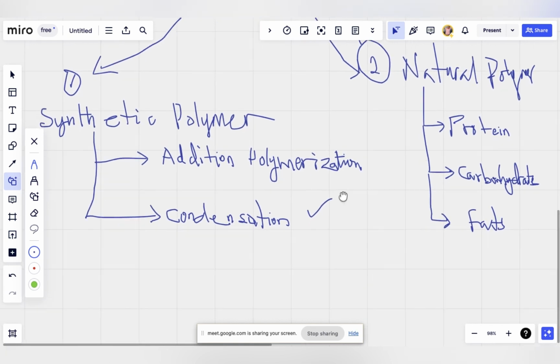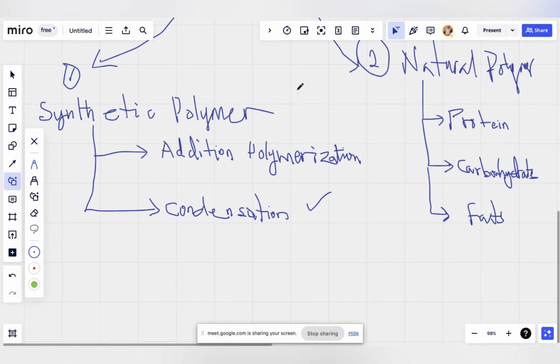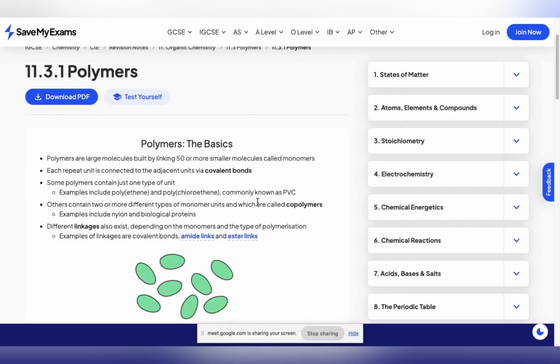Okay, so now let's move on. Here we say polymers are giant macromolecules. We've already said that linking small monomers together forms a giant macromolecule, and they do this by bonding covalently with each other. Some polymers contain just one type of unit only, like in addition polymerization, as in the case of ethene or chloroethene, which is PVC.